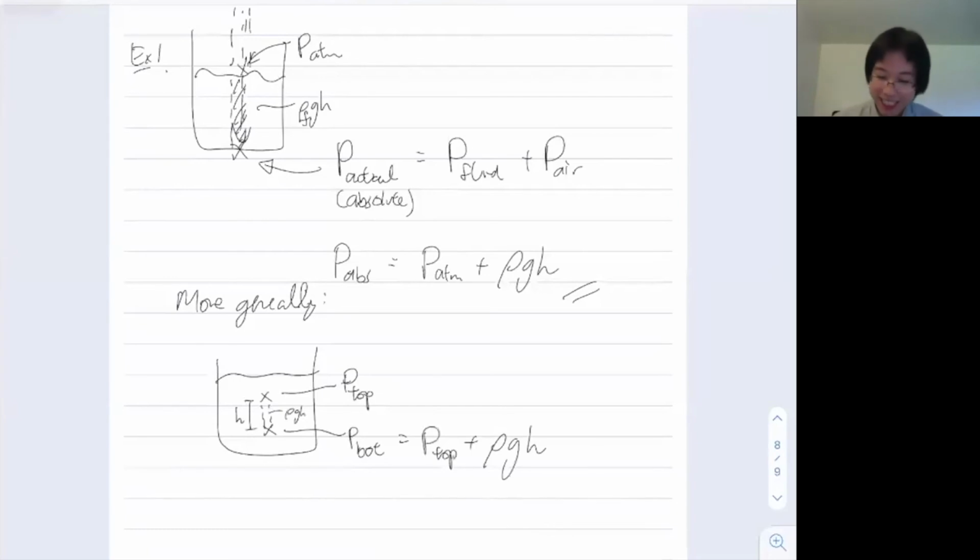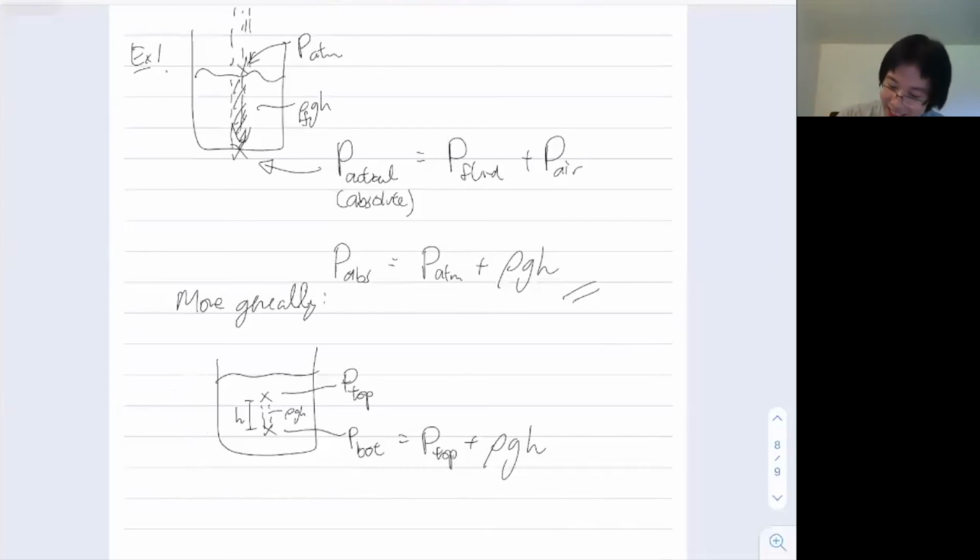This is the most common mistake I see when we give problems like this, to calculate the pressure at this point: people will plug in the height of the whole fluid like this, or they might plug in the height of this part, or anything crazy that people can come up with. That's all wrong. The only correct answer is this part. Does that make sense? Hopefully you understand where that comes from.